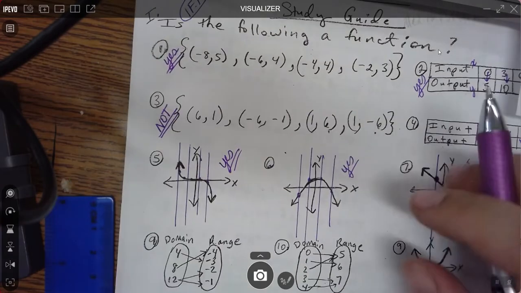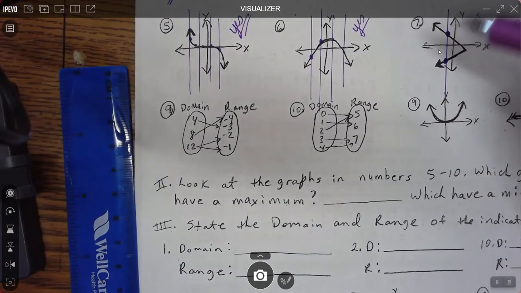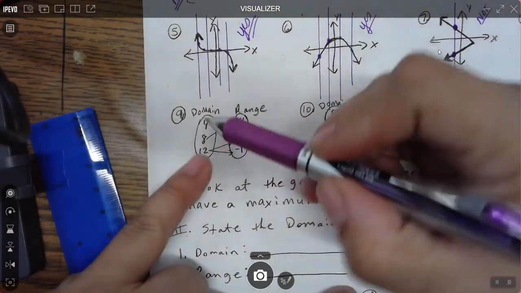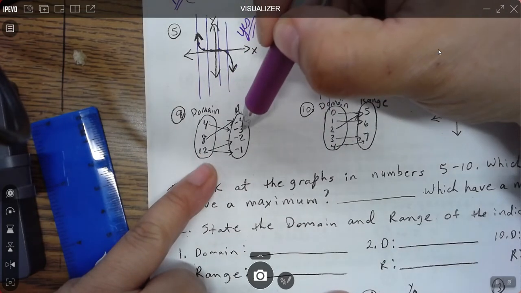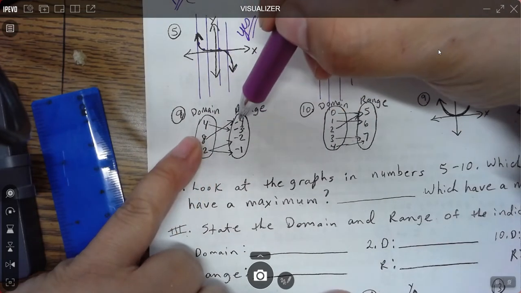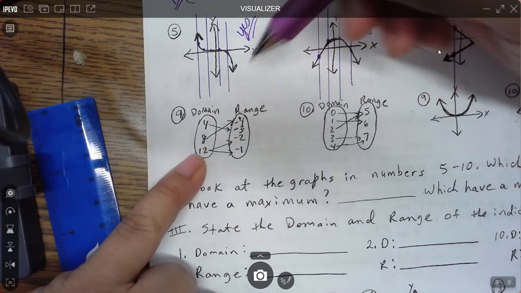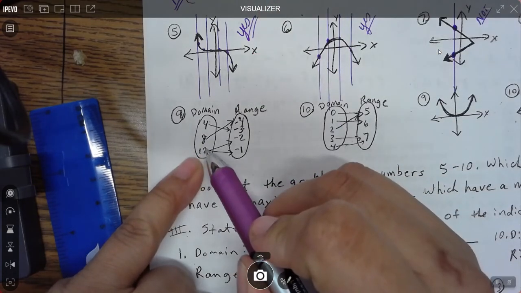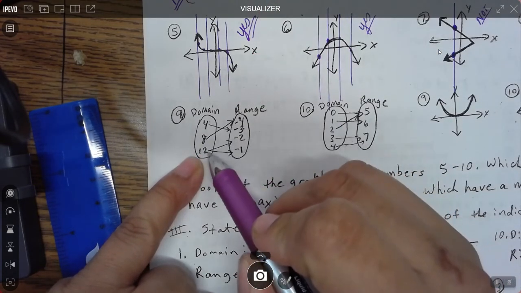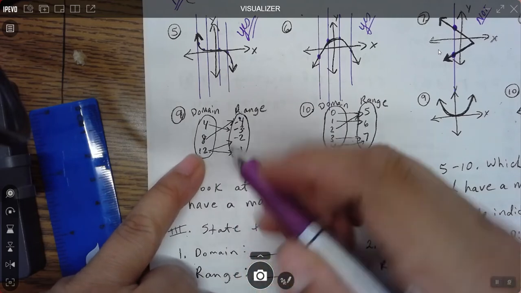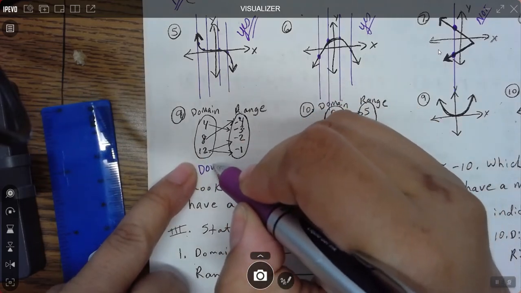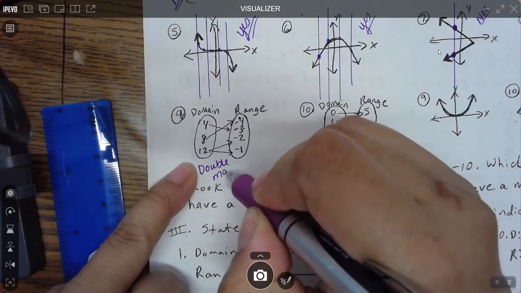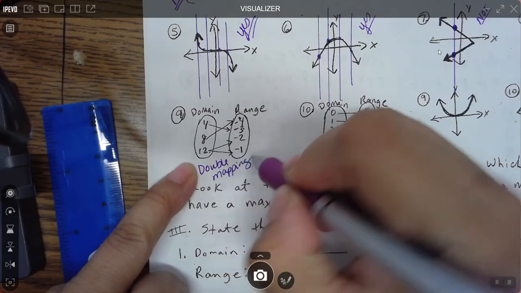All right, so looking at this, 4 maps to -3, 8 maps to -4. But right here, you see how 12 is mapping to -2, and 12 is also mapping to -1. This is double mapping, right? So no, this one is not a function.